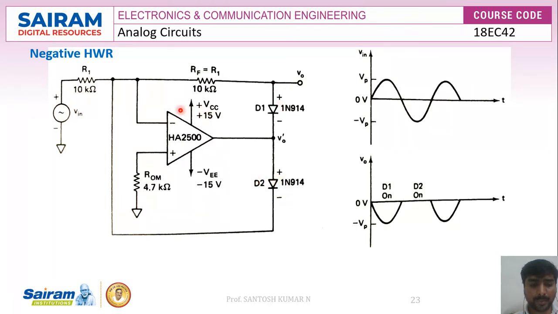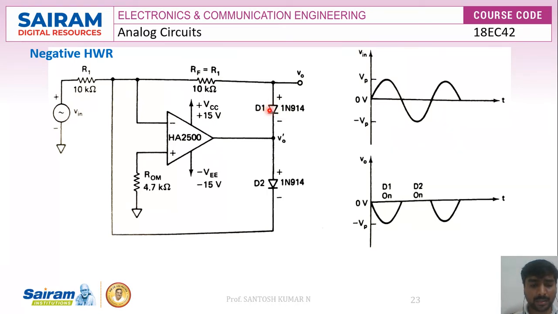Here the op amp is used in inverting configuration, and the output is measured at the anode of diode D1 with respect to ground. The output impedance is low when diode D1 is on, and high when D1 is off.